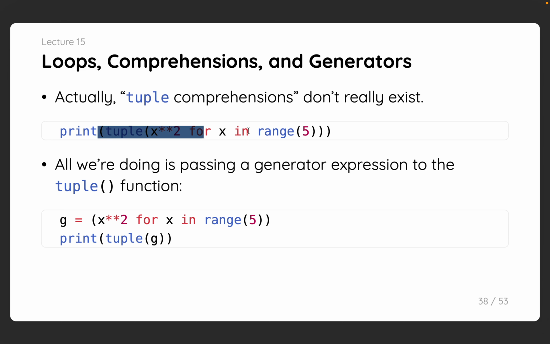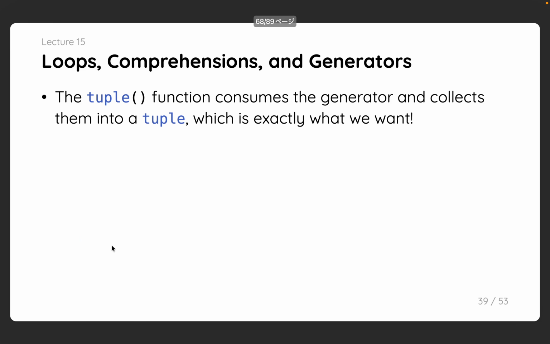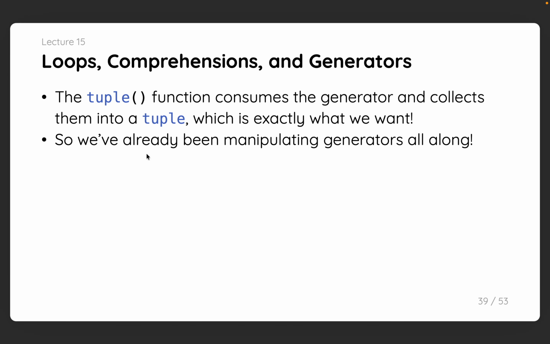Now that we're going over generators, now you know that what's happening here is that you're making a generator, then you're passing that into the tuple function. That is what is actually happening under the hood. So again, the tuple consumes the generator and collects the elements of the generator inside a tuple.